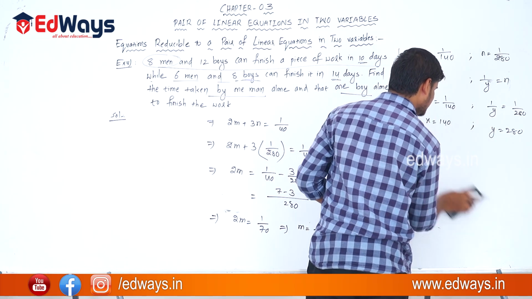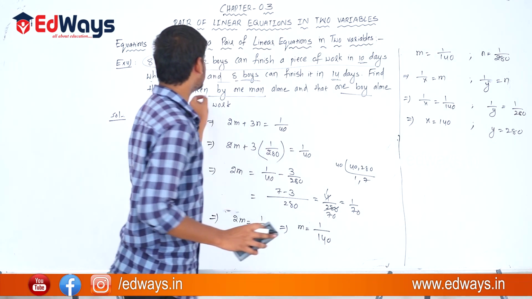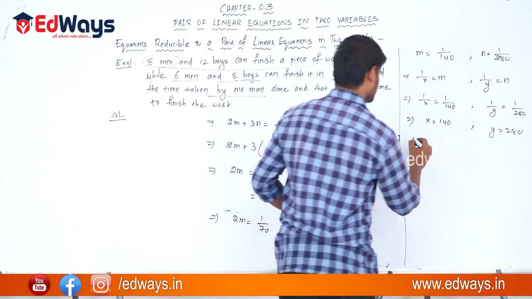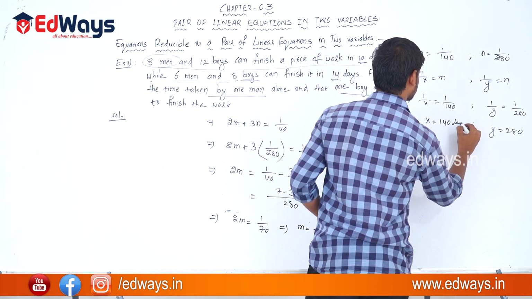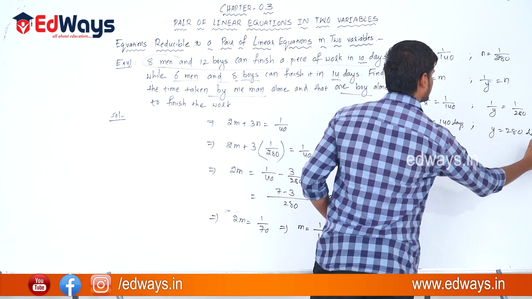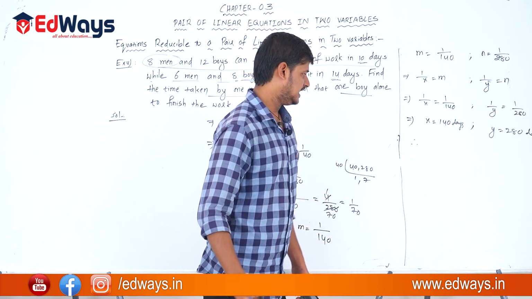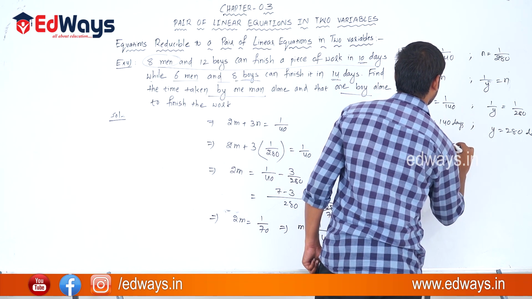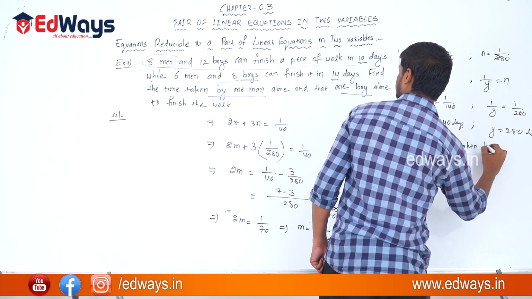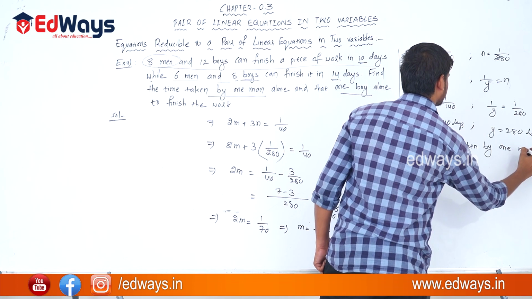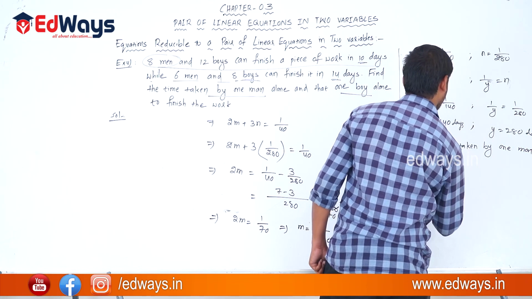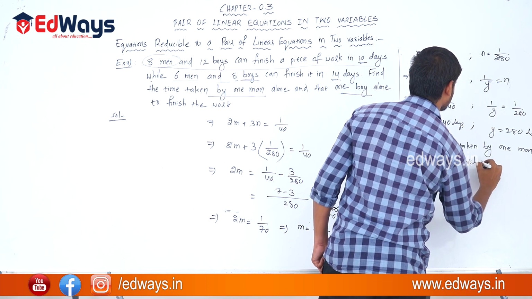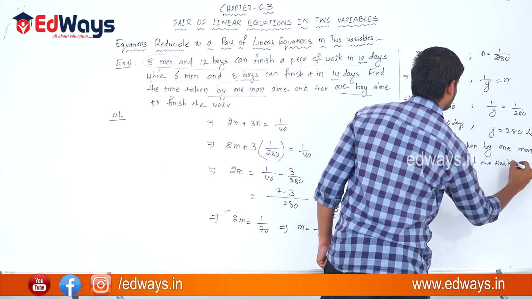So what is x and y now? x is the time taken by one man alone to finish the work, right? So the time taken by one man alone to finish the work is 140 days.